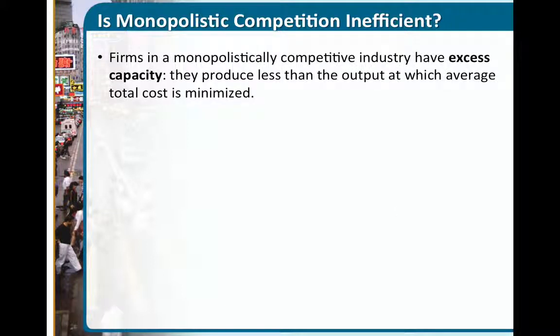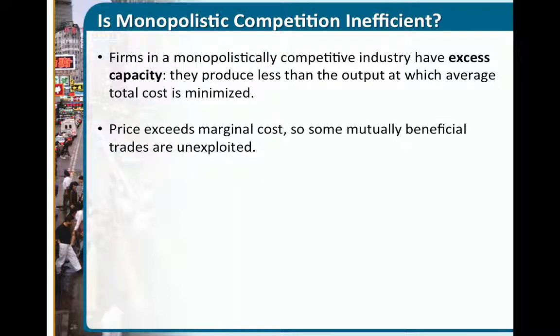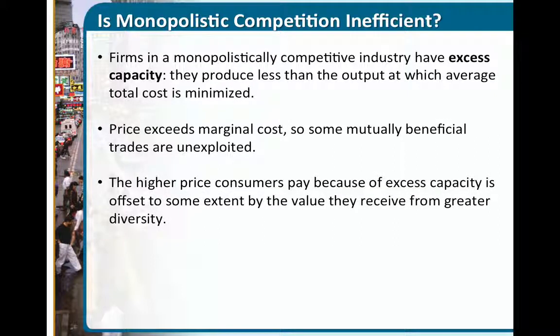And this is where there's some debate among economists. In monopolistic competition, there are companies that produce less than the output where average total cost is minimized. So there are these unexploited, mutually beneficial trades, and there's a higher price that consumers pay because of excess capacity.